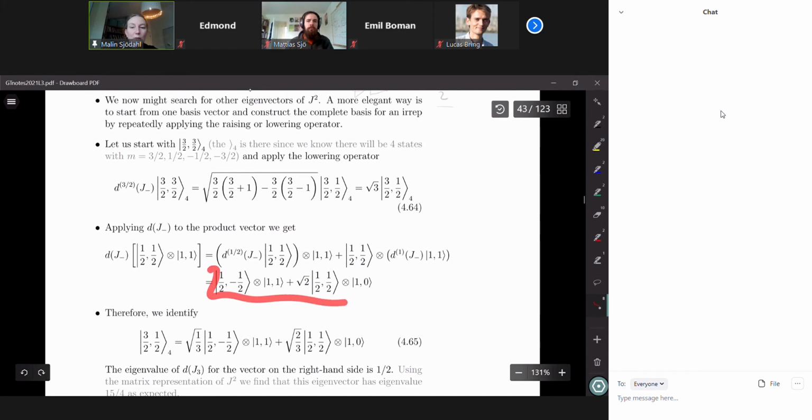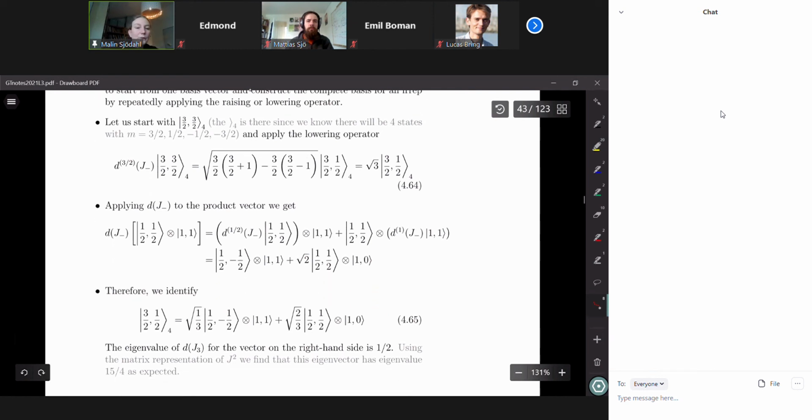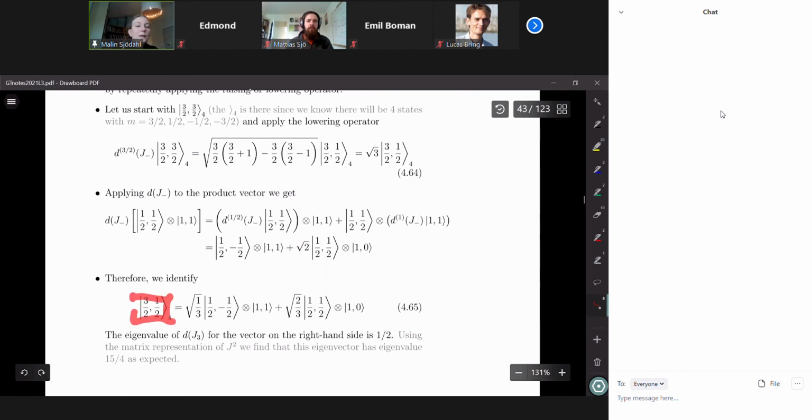So dividing out this √3, we see that this thing must be this thing. Or in other words, the 3/2, 1/2 state, in the 4-dimensional representation, is this thing divided by √3. So it's 1 over √3 times this thing, and then 2 over 3 root of that, and then this thing goes there.